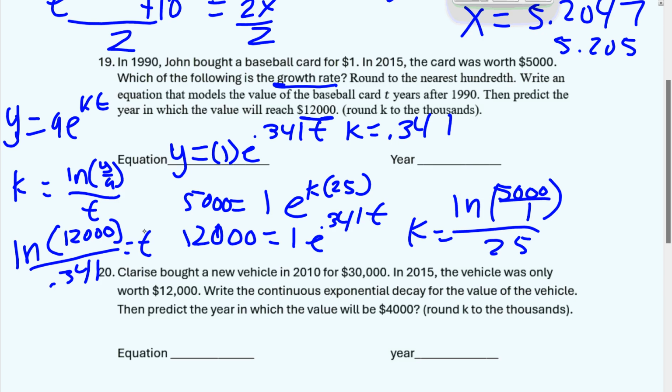So take the ln of that. And we get about 27 and a half years, so 27.5 years later. So since 1990, that would be 2000... Well, it's grown fast, right? Because this was 25 years later, this is 27 years later, so by 2018, if I round up, it would be at $12,000.